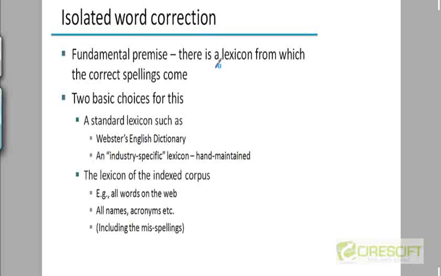The first premise is that there is a standard dictionary or a standard lexicon from which the correct spellings come. This is the reference set of correct spellings against which you will match a particular word and see if the word corresponds to a correct spelling or not. And this dictionary could correspond to a standard English dictionary like Oxford's or Webster's and so on, or it could correspond to a domain specific or industry specific dictionary containing all kinds of technical terms also.